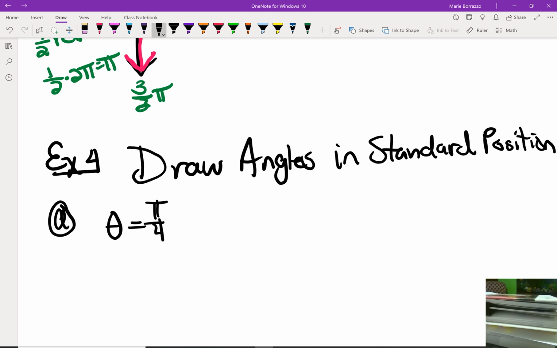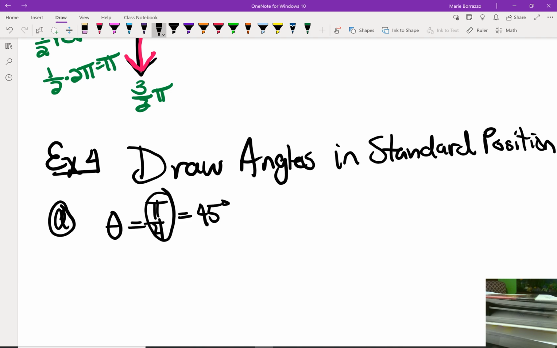And so in this case, I need you to remember a couple of things. Pi over 4, which we know is a 45-degree angle, talk about memorization, this is always going to be your 45-degree angle.